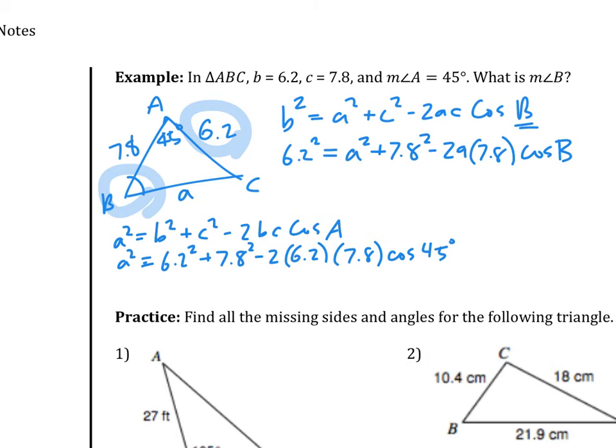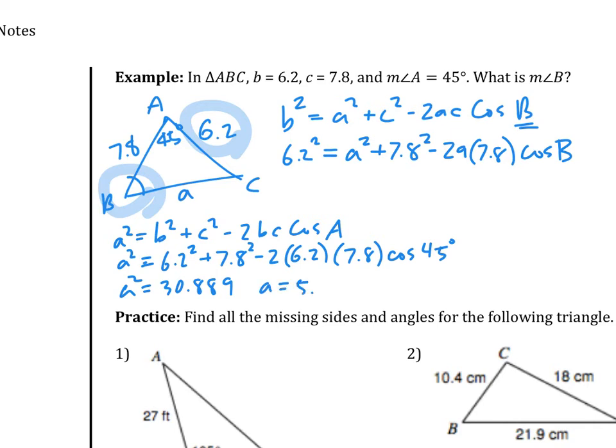Okay, so let's go ahead and solve this one. So 6.2 squared plus 7.8 squared, and then minus 2 times 6.2 times 7.8 cosine 45. Okay, a squared is 30.889, and then square root that.